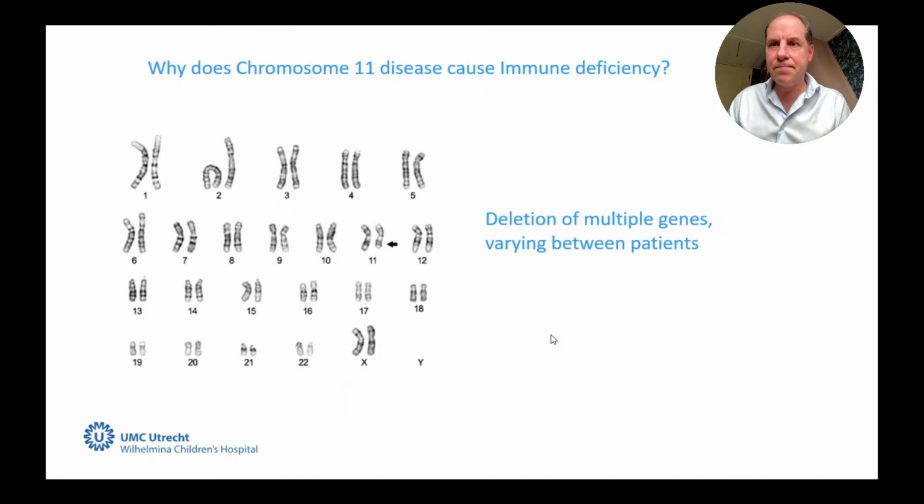So to simplify it, if one protein encoded by one gene is missing, you still have another copy of that protein on the other chromosome.